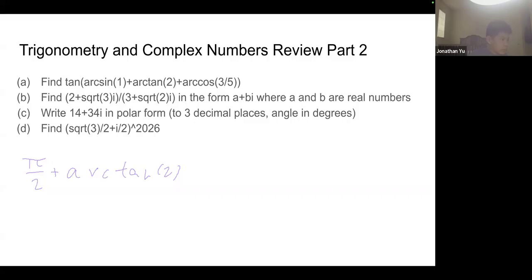And we want to write our cosine of 3/5 as an arctangent, because we're going to put a tangent here. So if alpha is our arccosine of 3/5, then alpha is like this in this triangle. So alpha is equal to the arctangent of 4/5. So now we just take the tangent of this using the tangent sum formula.